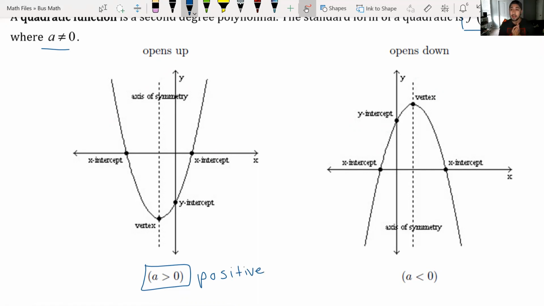Which means if you have a positive leading coefficient, the parabola opens up. Okay, and now if our parabola opens up, there are some things that you'll see.